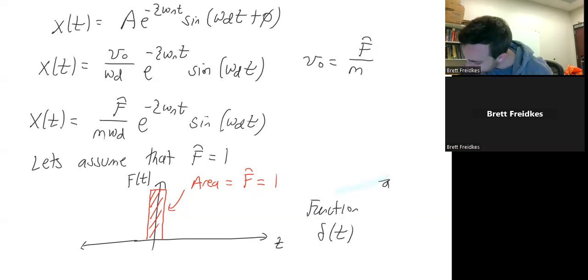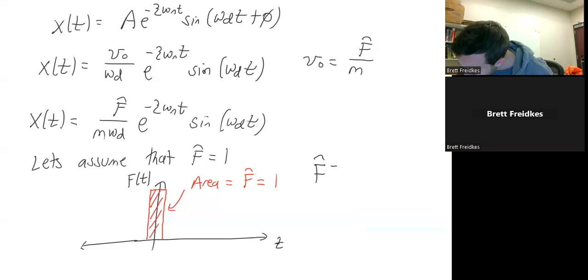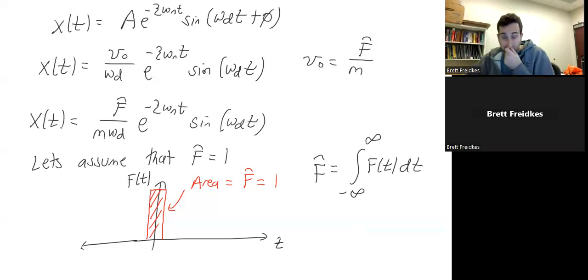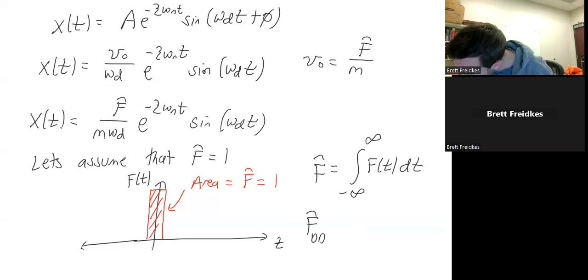So the point is, though, that if I integrate this, the integral of a function with respect to time is the impulse, that's the area under the curve. Specifically for the Dirac-Delta function, f hat for Dirac-Delta, that's the integral from minus infinity to infinity of delta of t dt.